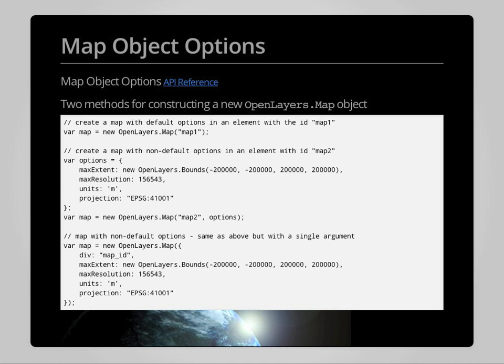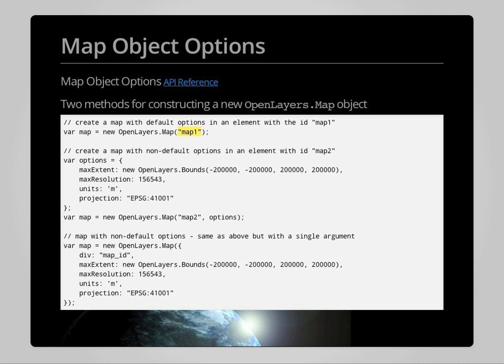The first is the very simple one illustrated here, where you essentially just create a map with the default options, accepting the default values for all of the potential options for a map object, and just create a new map variable that is a new OpenLayers map object, where you refer to the document object model HTML element that you have given an ID to that you refer to here.